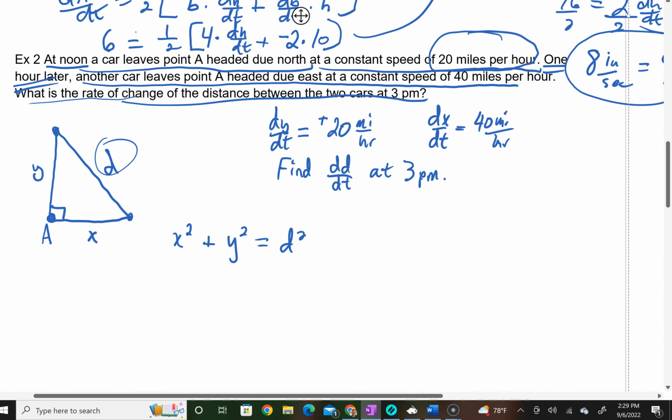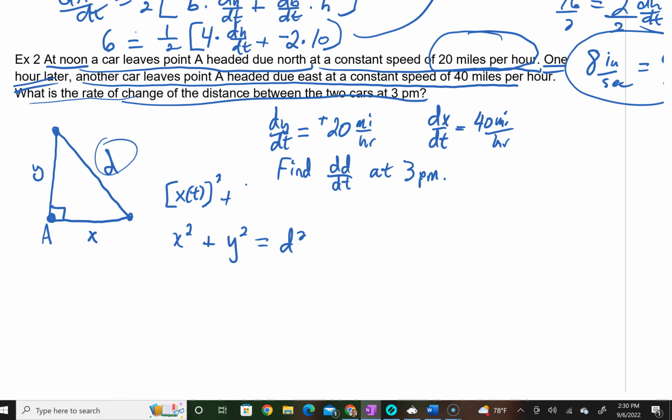What am I really getting at? This is like having x of t squared plus y of t squared equals my distance function. Well, distance at any given time squared.